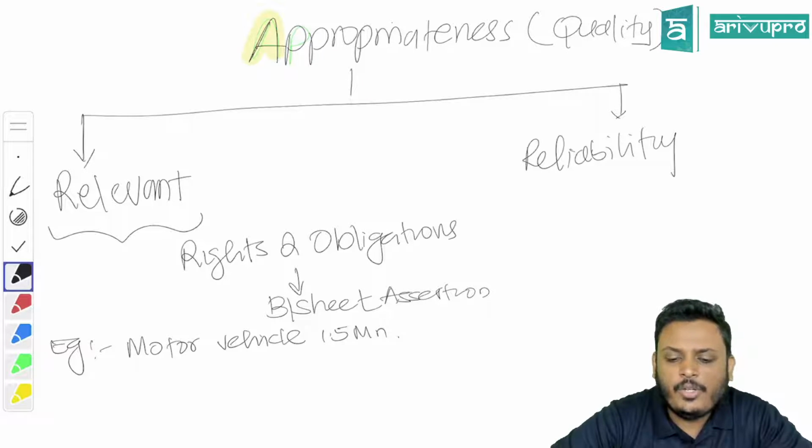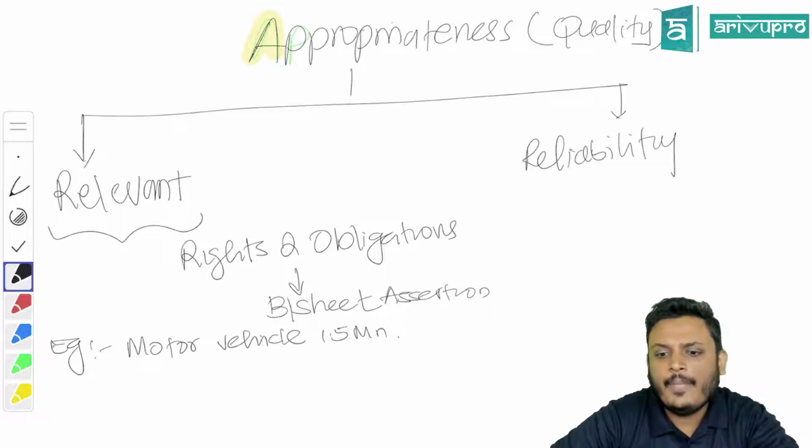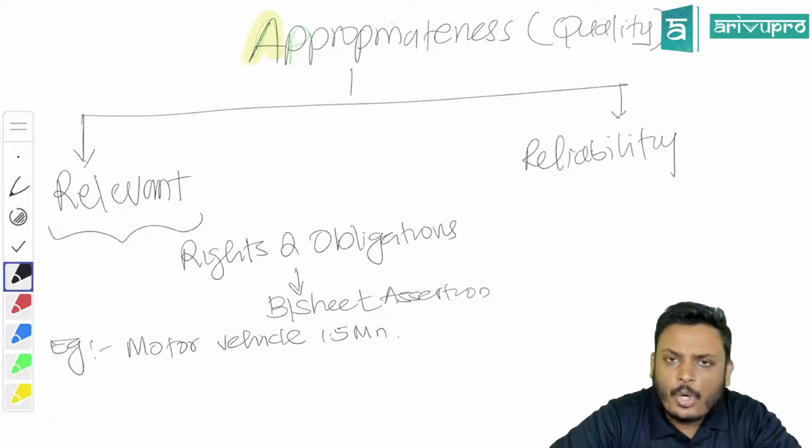Because you all know the definition of assets. An asset is a resource of a company, it is controlled by the entity, and economic benefit inflow is probable. You can receive economic benefits in future.